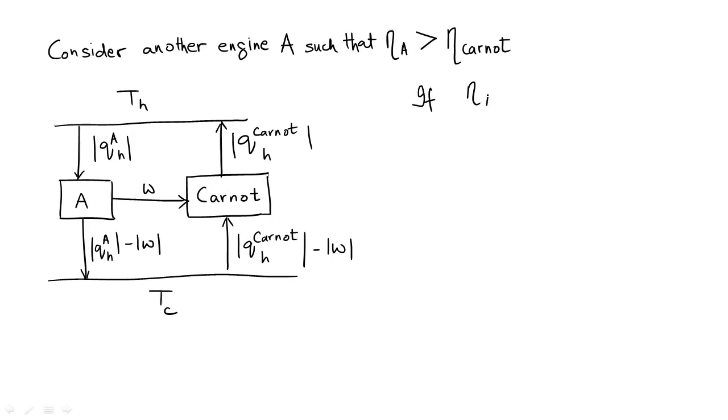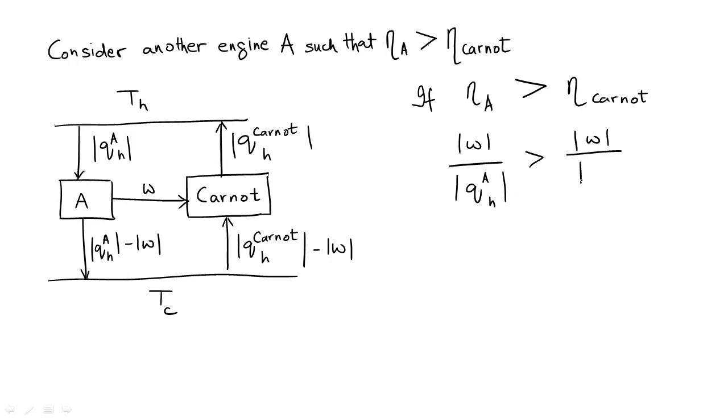If efficiency of A is greater than the efficiency of the Carnot engine, then using the definition of efficiency, this implies that W divided by QA hot is greater than W divided by Q Carnot hot, which implies that Q Carnot hot is greater than QA hot.